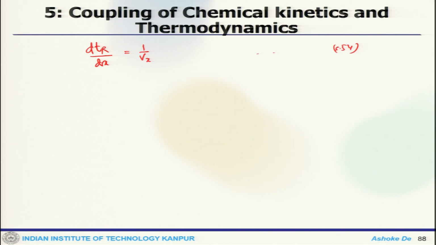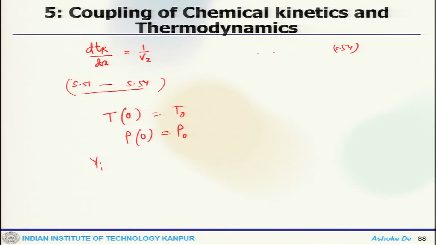Now, there are initial conditions. For equations 5.51 to 54, there are initial conditions which are essentially required to solve these equations. This is T naught, density will be rho naught, y I is y I naught for I equals 1 to n, and tau is 0.